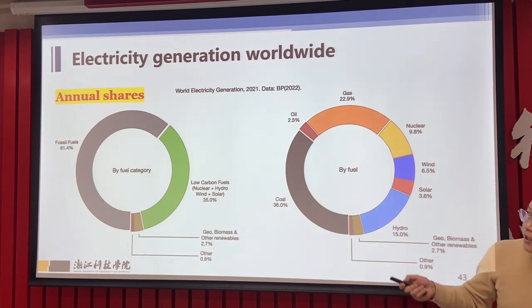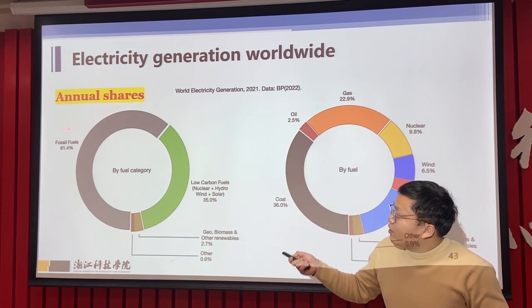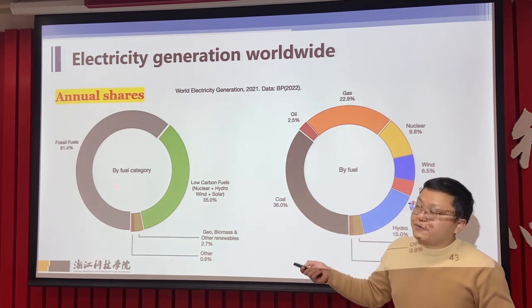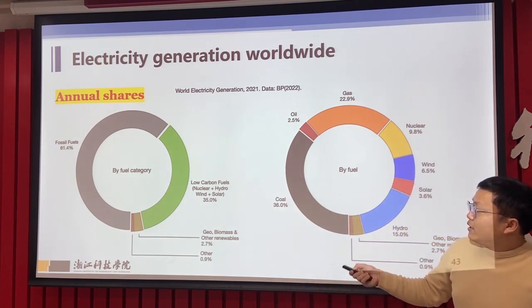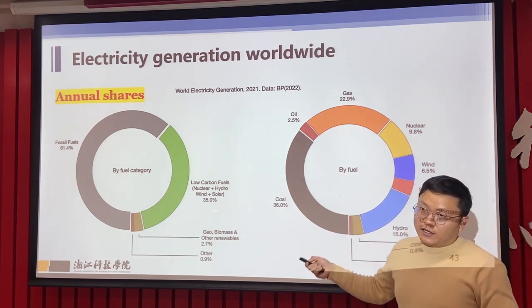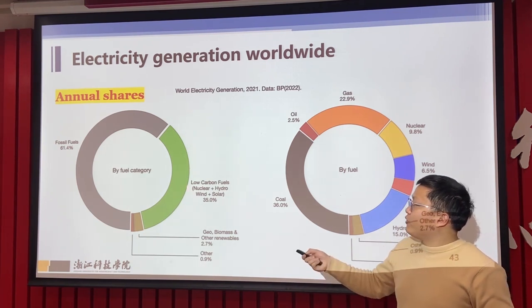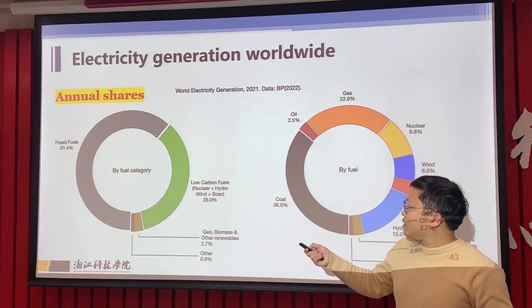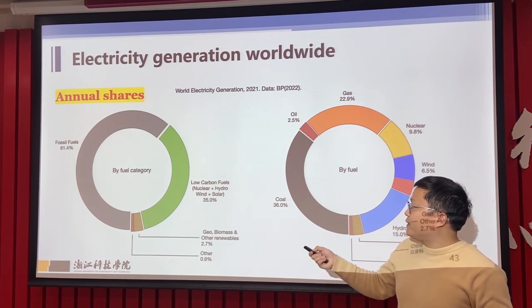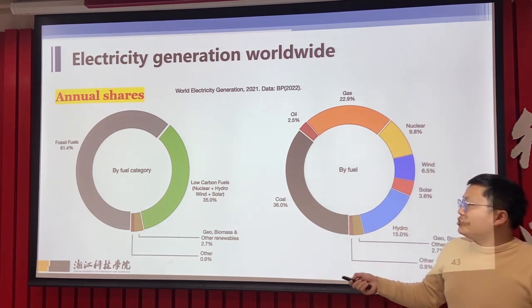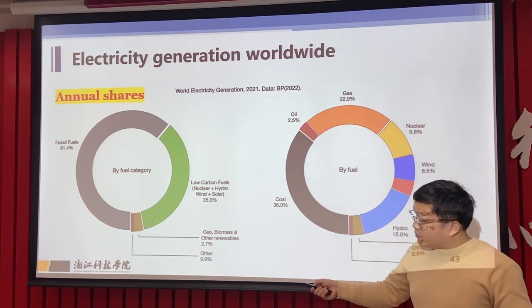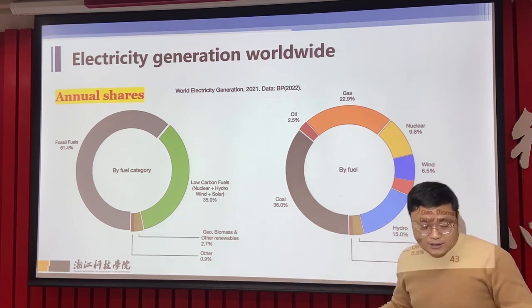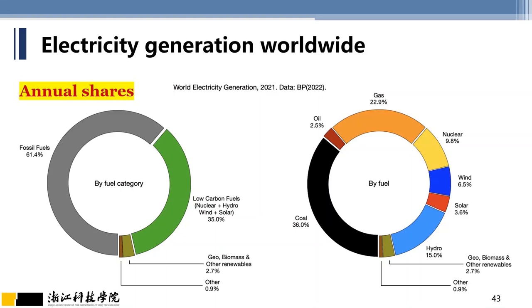As we can see, around 16% of the total electricity generated worldwide is from fossil fuels, and about 35% is from low carbon fuels. For example, nuclear power, hydropower, wind power, and solar power. And geothermal energy, biomass and other renewable energies account for only around 3%. And other sources are less than 1%.